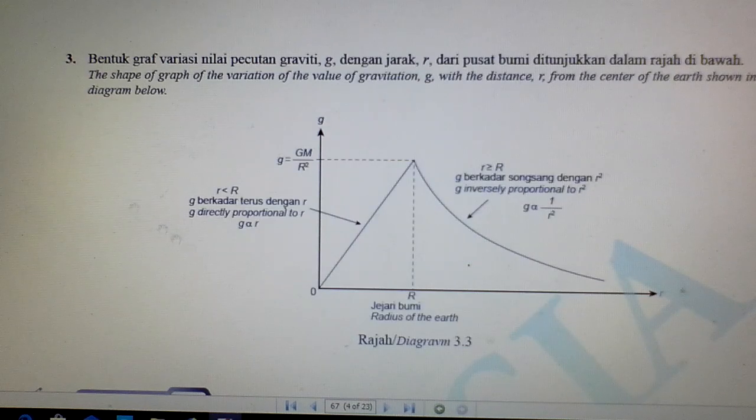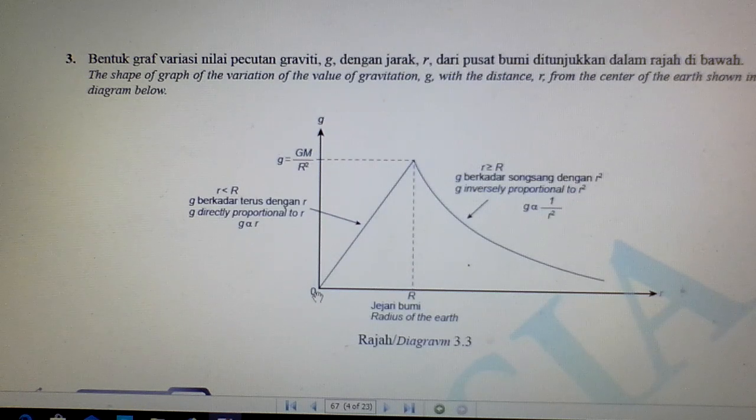Okay, now you can see how the value of small g, gravitational acceleration, changes as the distance between two objects changes. Capital R is the radius of the Earth.